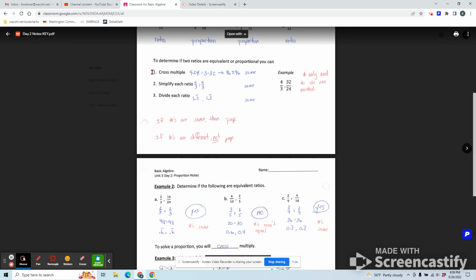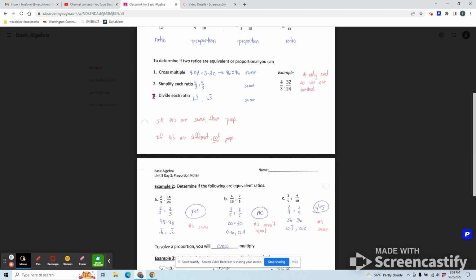So you have three options. Now you don't have to do each option. You pick the one that works for you. This is my notes answer key, so I went ahead and showed each one on the next example, but you get to choose whichever one you think is the easiest.